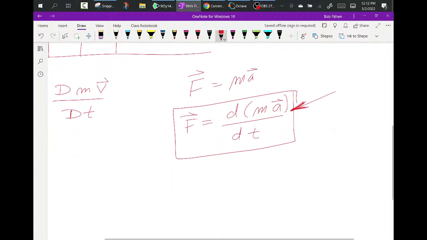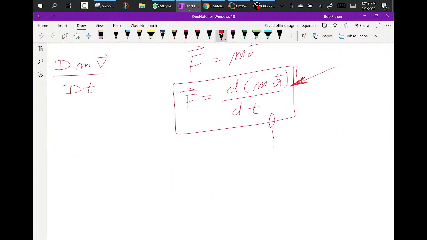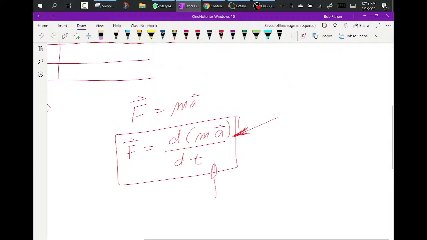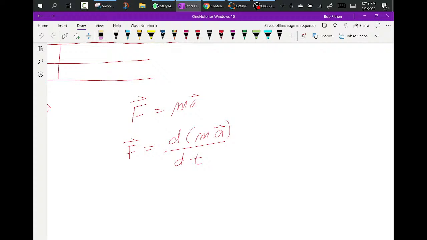Why are you not taught this from day one? Well, because you would have to explain what is that d and what is this dt. What does that mean? So if you go describe that to like an 8th or 9th or 10th grader, they haven't had calculus yet and they're completely lost. However, if you go in and you explain it to a college person who has had calculus, you can describe it this way.